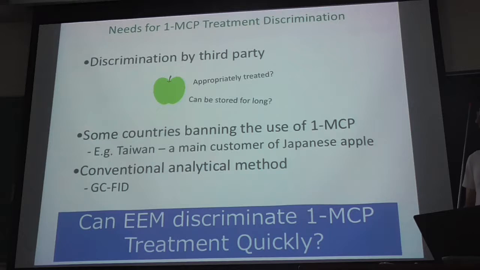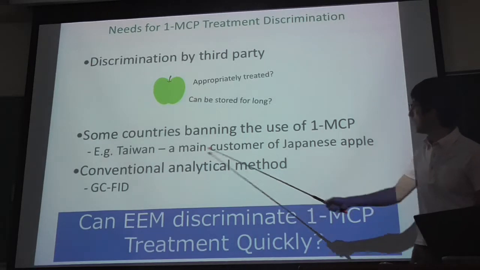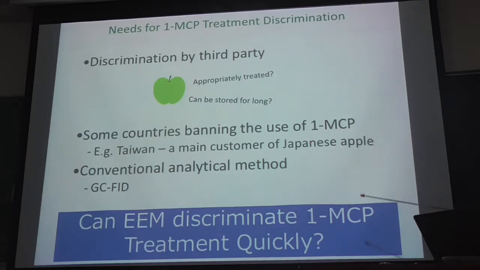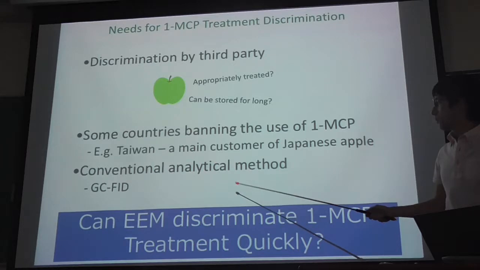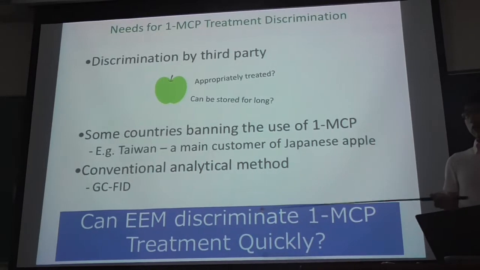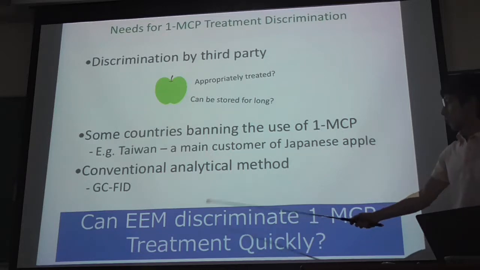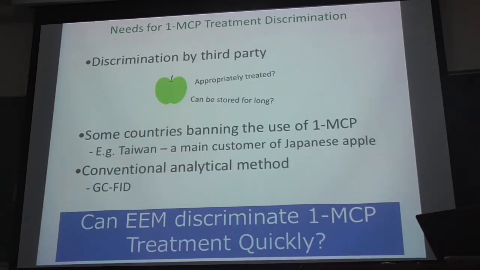And Taiwan is a very important country for Japan because it is the main customer of Japanese apple exports. But the conventional analytical method for the 1-MCP treatment is GC-FID, which takes time and is a long technique. So we would like to use EEM for the discrimination of the 1-MCP treatment.